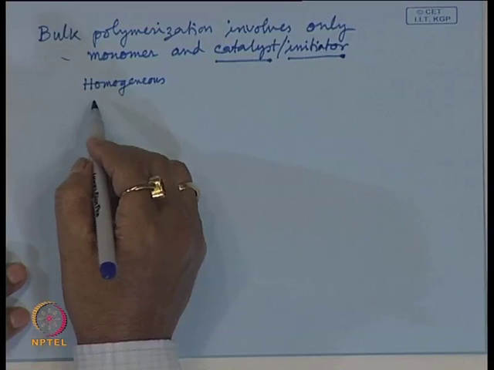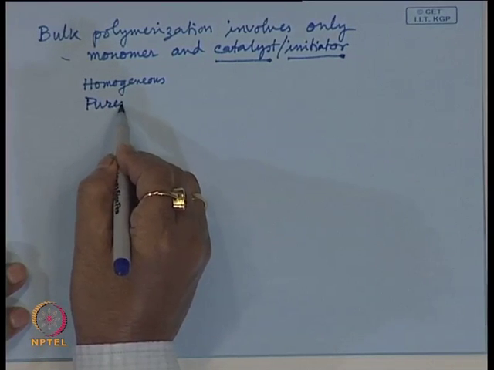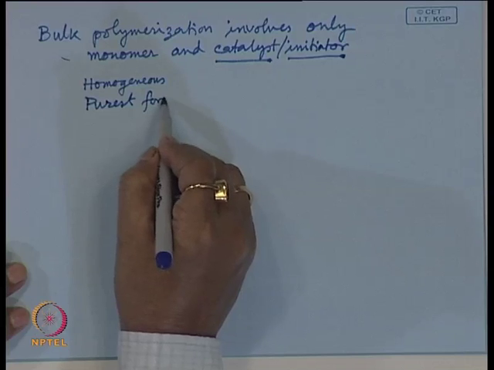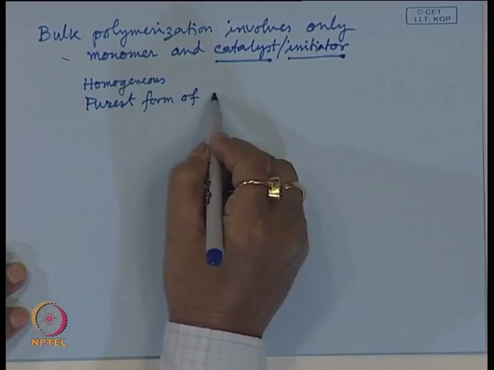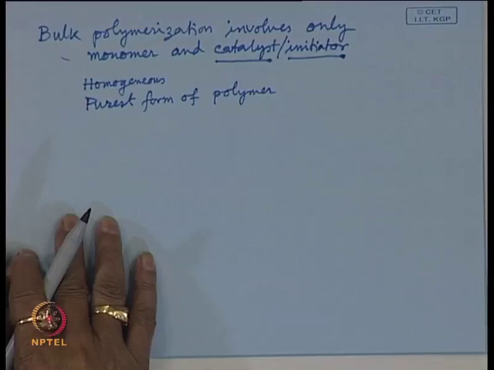And we get the purest form of polymer. If we need very high purity polymer, then we should go through this bulk polymerization technique, because after the polymerization, what will be the composition?